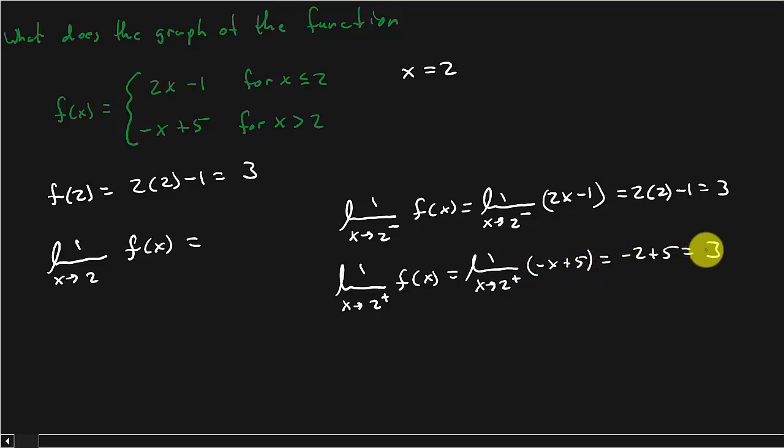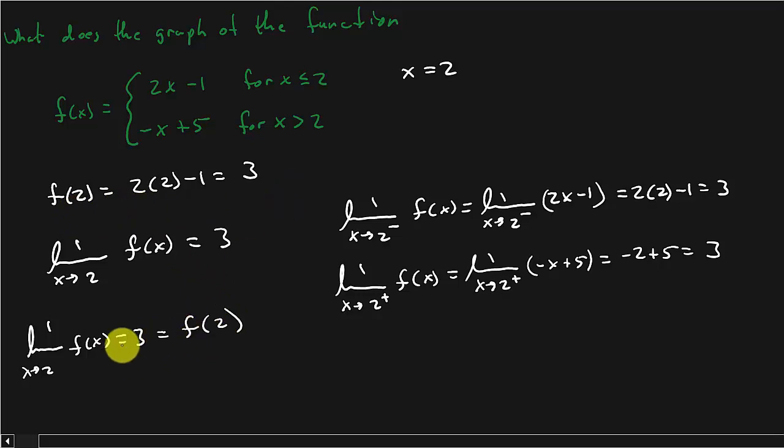So the limit from the left, the limit from the right, they both equal 3, so that means that limit equals 3. So I've shown that the limit exists. And now for the third condition, well, look at this. The limit as x approaches 2 of f of x is equal to 3, which is equal to f of 2. See, they're equal to each other.